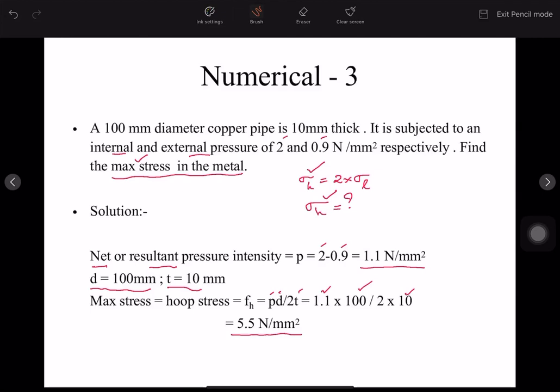So you may get a doubt: what if the external pressure is greater than the internal pressure? I mean to say, if these two values get interchanged, we'll get a net result as minus, right? So in such a case, pressure generally won't be in minus conditions.